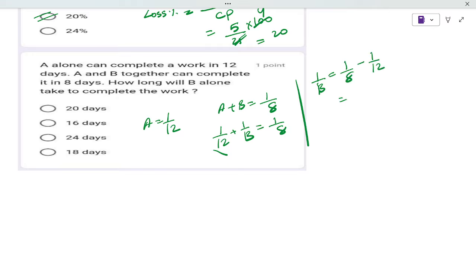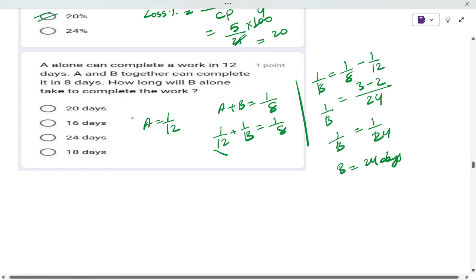The LCM of 8 and 12 is 24. 8 times 3 and 12 times 2, so 1 by B is equal to 1 by 24. That means B is equal to 24 days. B alone can finish the work in 24 days. So the answer is 24.